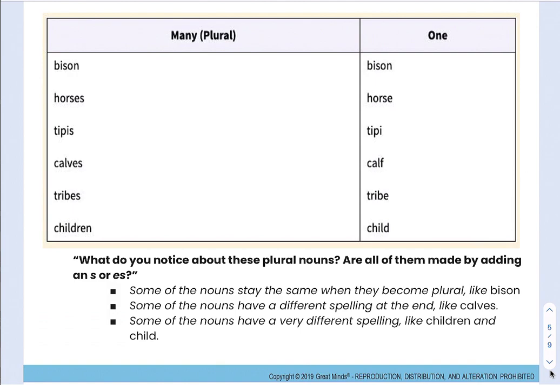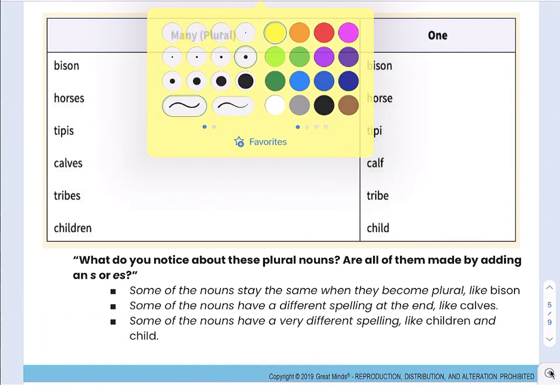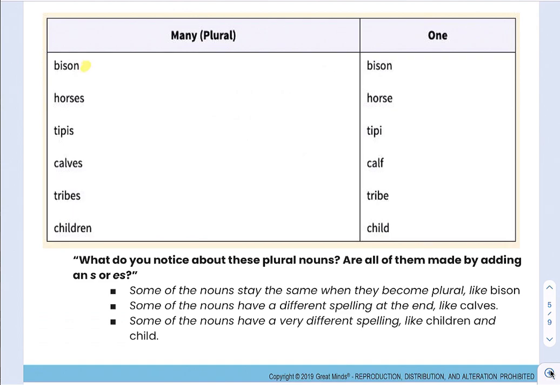Are all of them made by adding an S or an ES to the end? Let's look at our plural nouns. Is there an S or an ES at the end of bison? No. Is there at the end of horses? Yes. What about teepees? Yep. Calves? Yes. Tribes? Yes. Children?